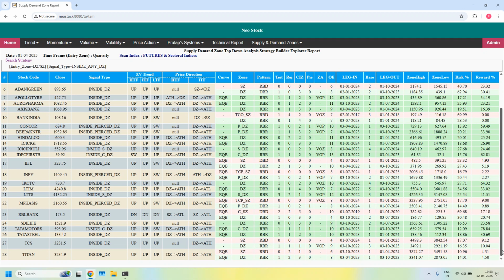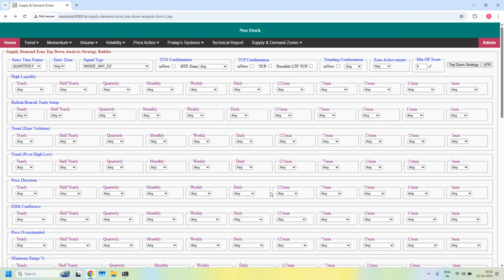We can further filter this list based on the quarterly demand zone having quarterly EMA confluence. So I'm going back. I'm checking whether the quarterly demand zone has quarterly EMA confluence or not.